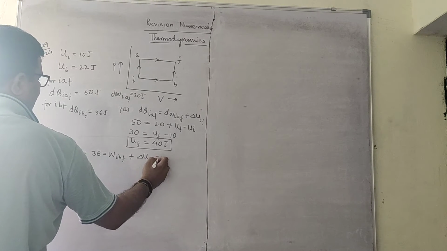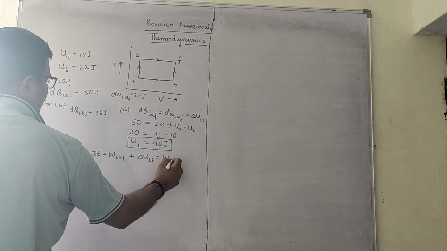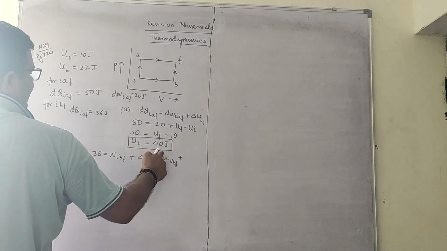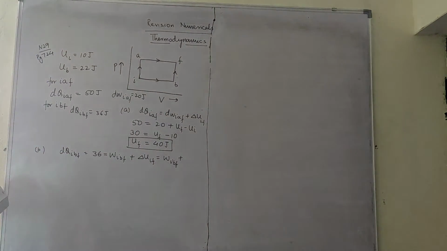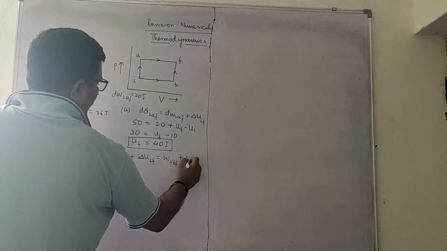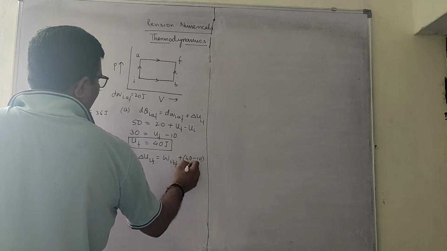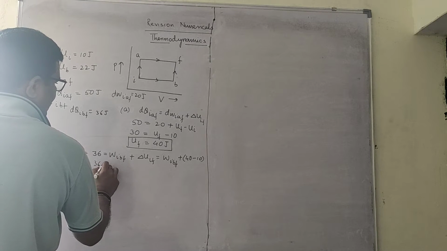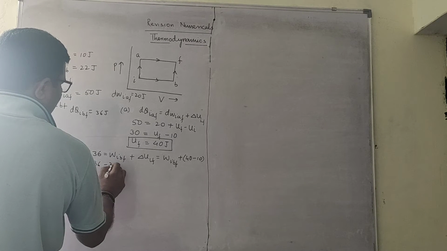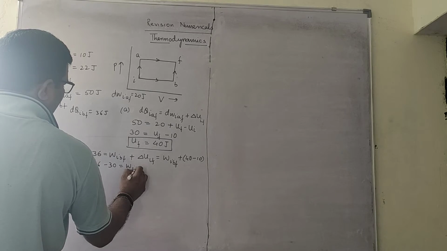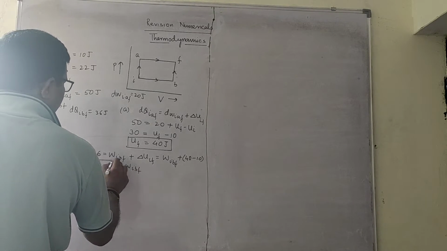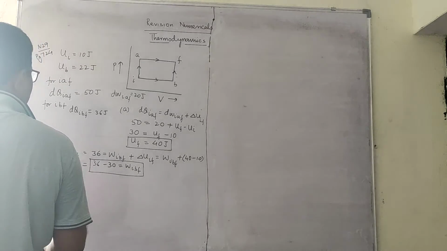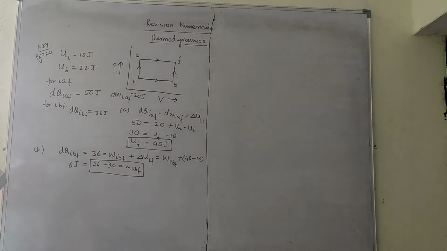So here W along IBF is required, plus delta U along IF, 40 minus 10, UF minus UI. So this is 36 minus 30, and that is equal to work done along IBF. So this is equal to 6 joule. This is the final answer. Work done along IBF.